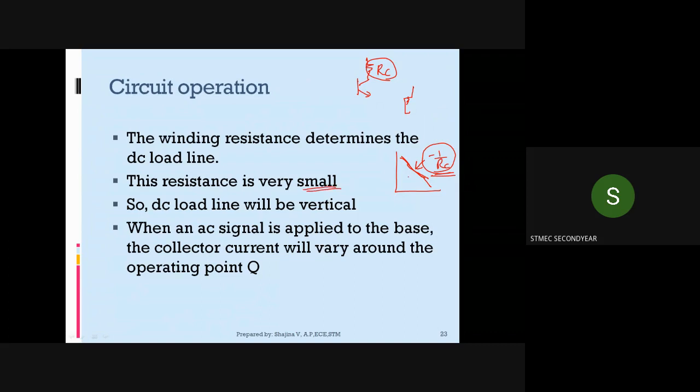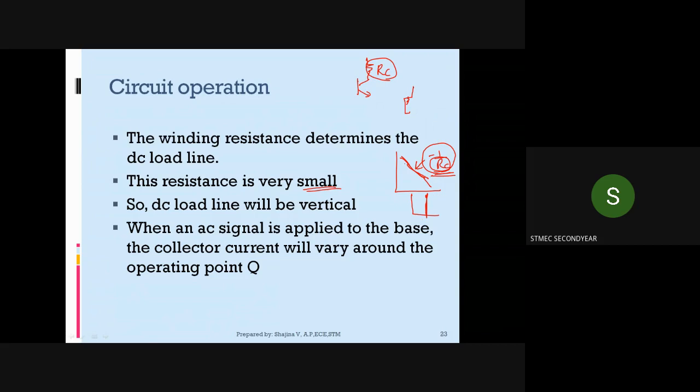So RC very small means 1 by RC will be very large. Ideally, if RC is equal to 0, then our slope will be infinity. That means our DC load line will be a vertical line.